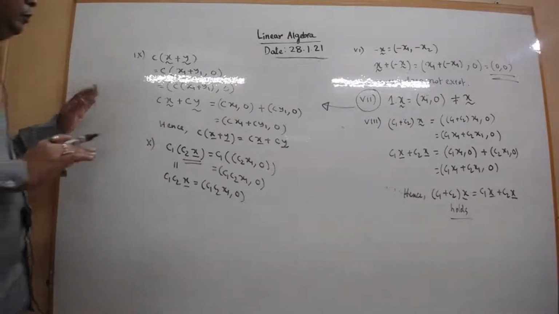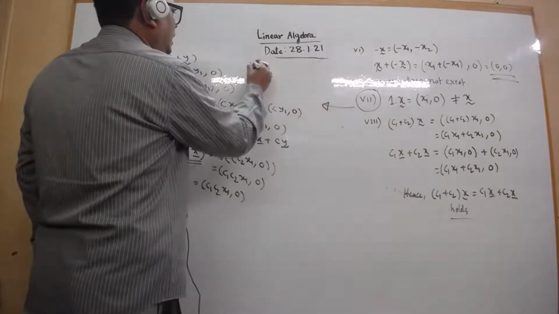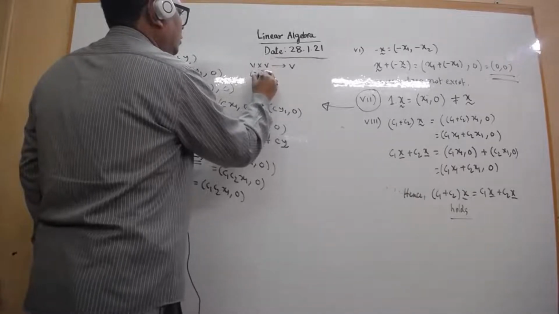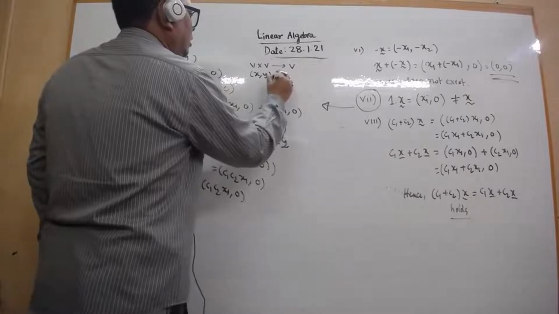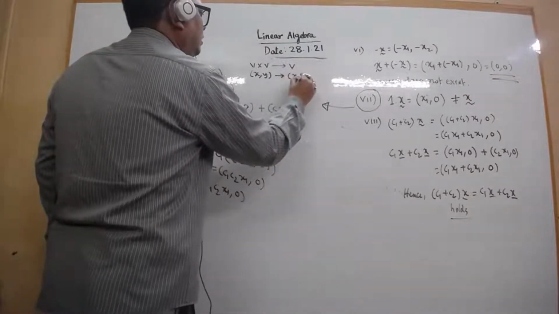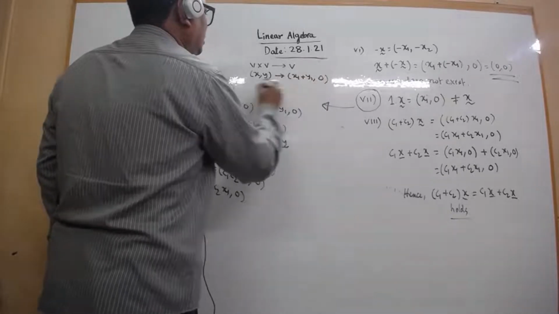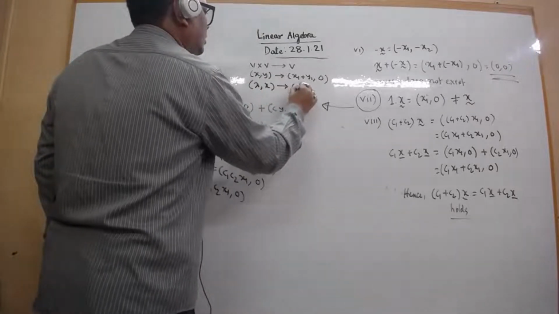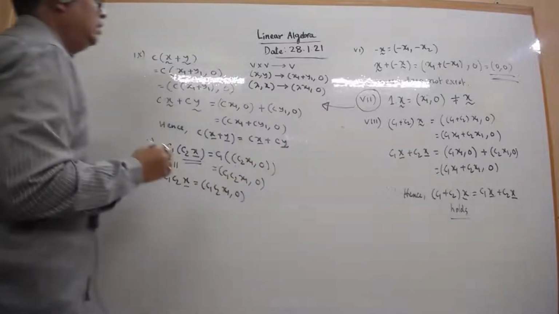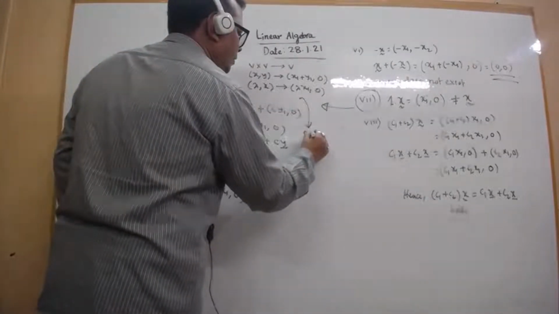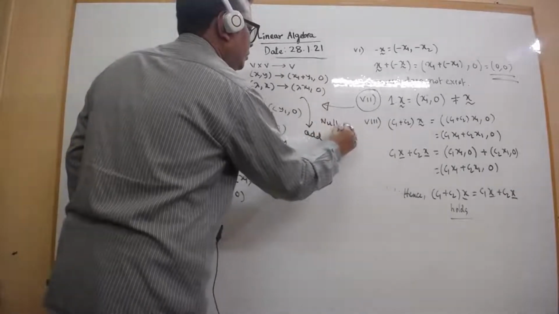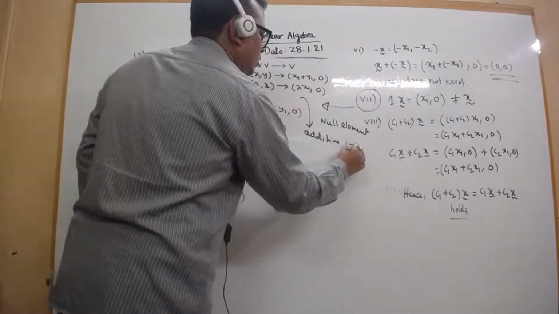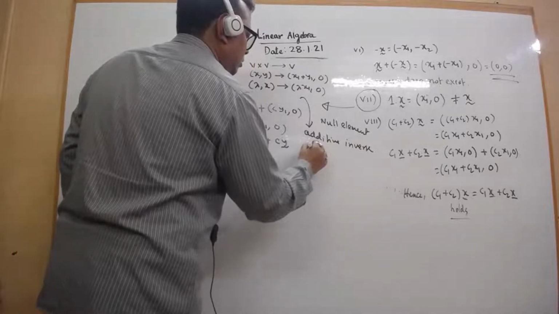So here, if you define vector addition as (x1 plus y1, 0) and scalar multiplication as before, then you see that the additive null element and the additive inverse do not exist.